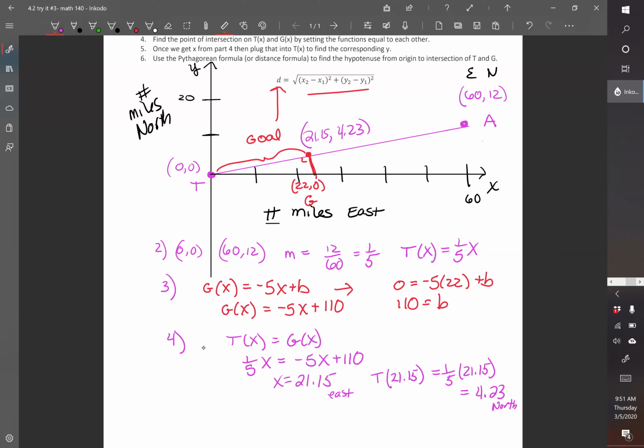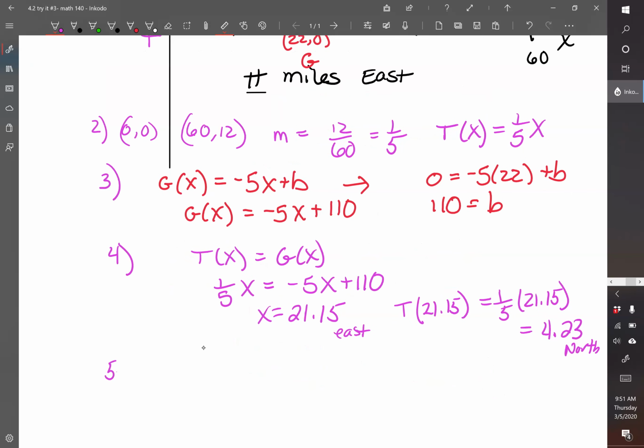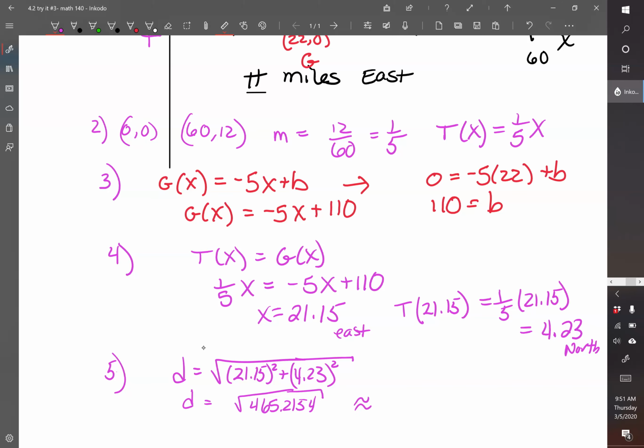Our x sub 1 and y sub 1 are 0, so we can just plug in 21.15 squared plus 4.23 squared, and crunch those numbers, square them, add them together, and you end up getting d equals the square root of 465.2154, and that will be approximately 21.57 miles, which is our answer there.